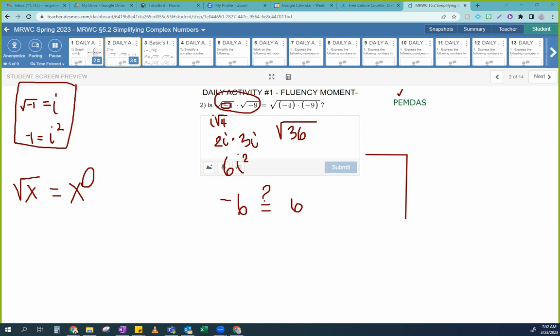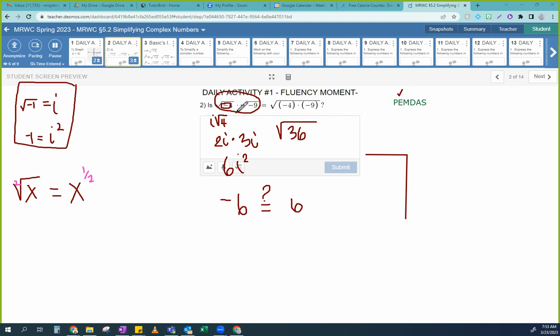I didn't leave myself enough room to write in there. I'll put it in a different color so it stands out. It's x to the 1/2. Do you guys remember that? So this 2 here is the denominator here.